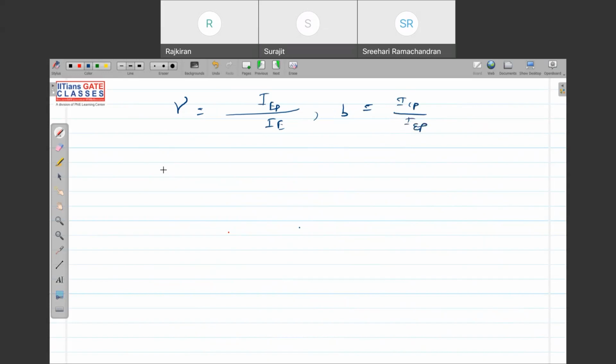There is another factor called alpha, which is nothing but ICP by IE.